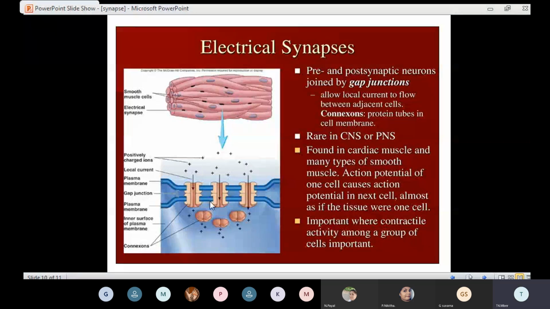Current is passed through, and they will send the signals. Pre and post synaptic neurons are joined by gap junctions. See here, this is one neuron, this is another neuron, this is the gap junction. These are the positively charged ions. They are rare in the CNS and PNS, found in cardiac muscles and many types of smooth muscles.